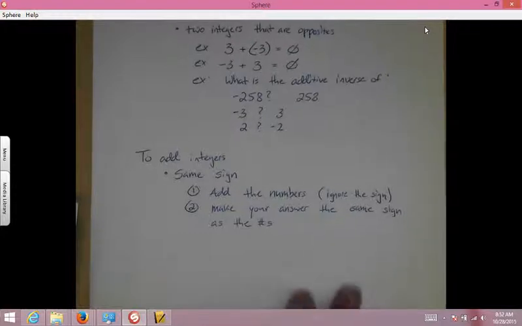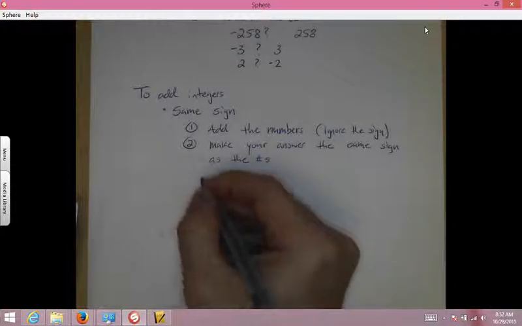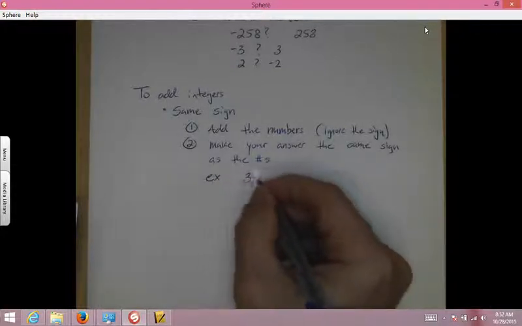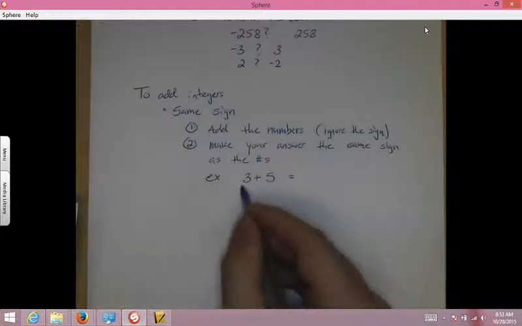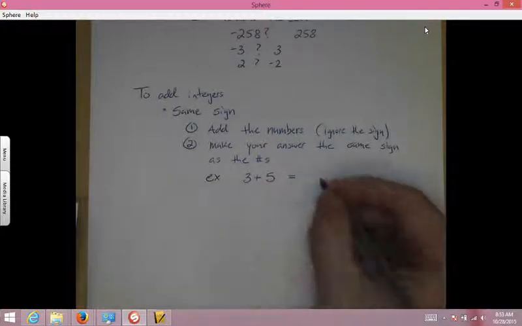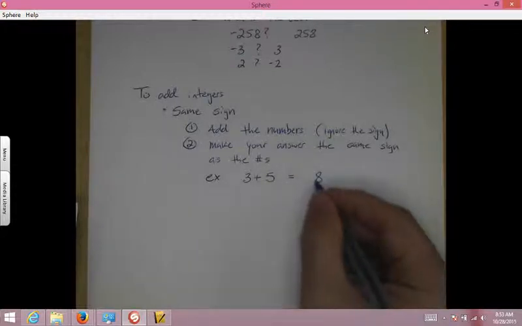So, let me give you some examples of that. Let's say you had 3 plus 5. Well, these are both positive. So I'm going to say, okay, 3 and 5, this is back to first grade math probably, that's 8. These are both positive, that's positive, yay, I'm done.